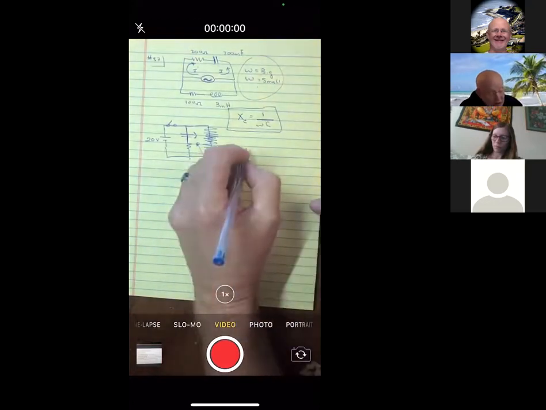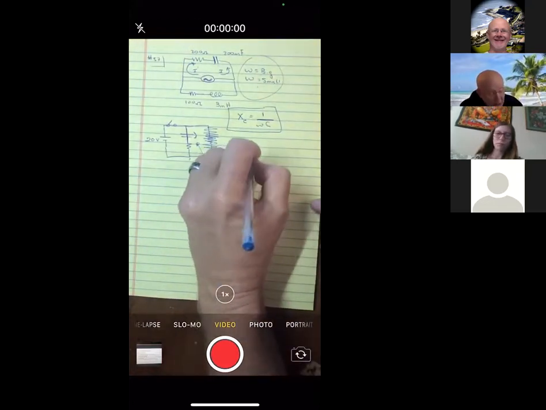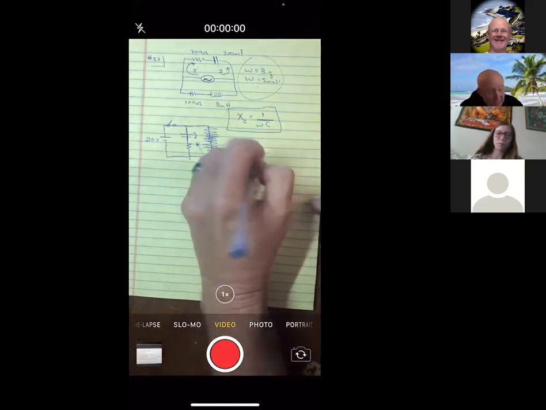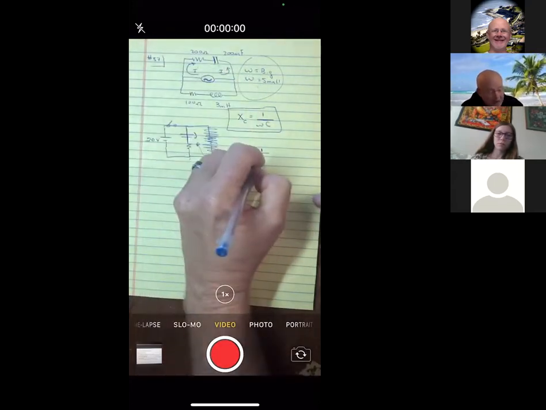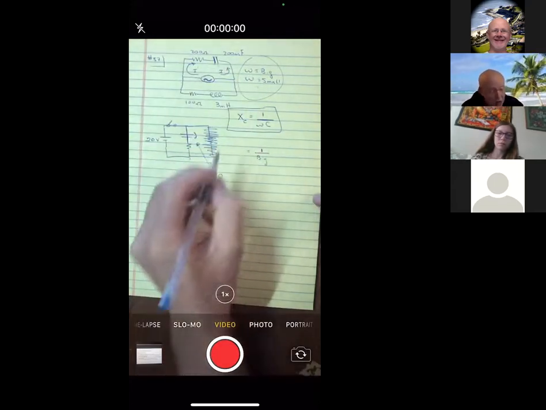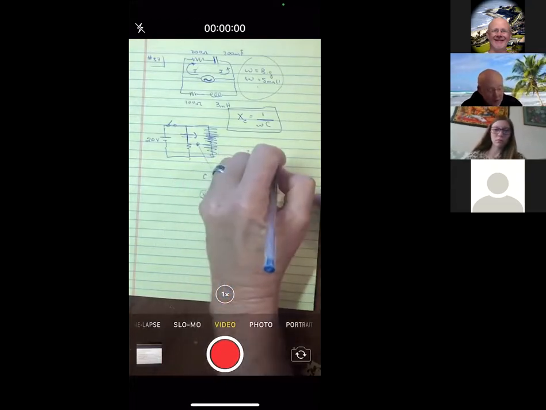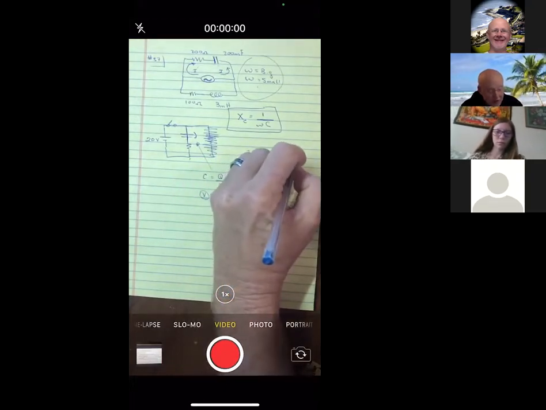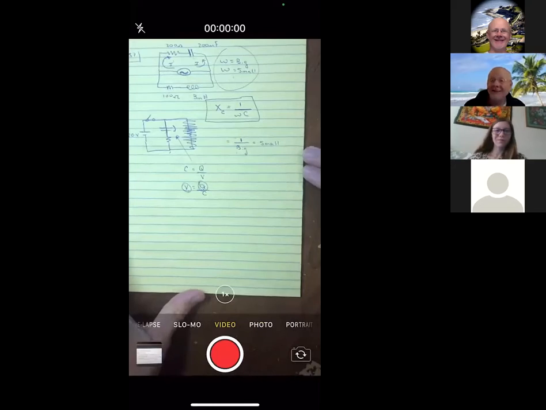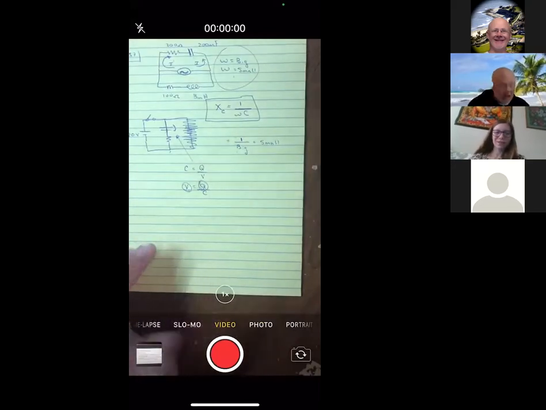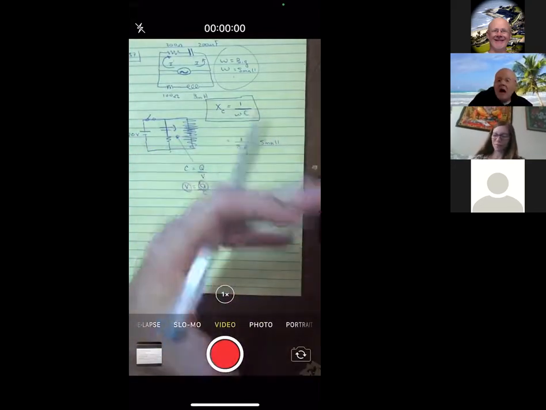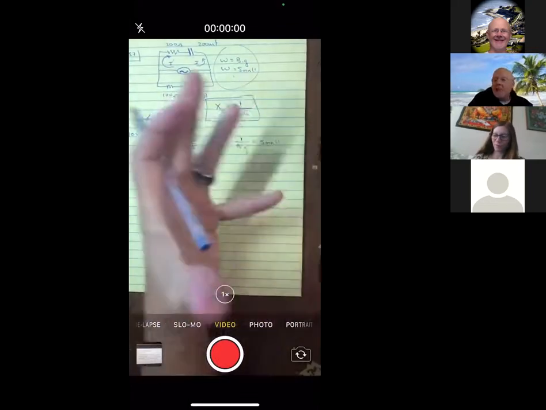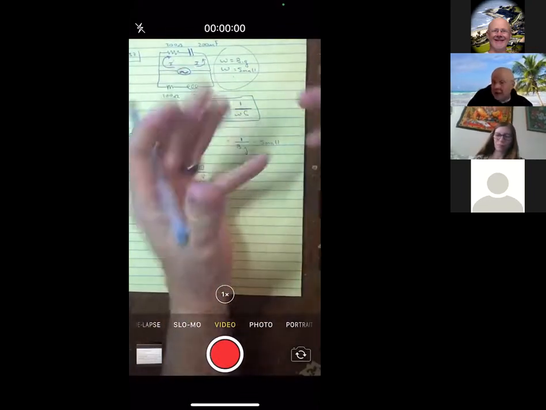So you can see that if you have a big or a high frequency, you get 1 over big, which equals small. So I would, again, say you can look at the math and say, if you have a high frequency, you have very little opposition from that capacitor.